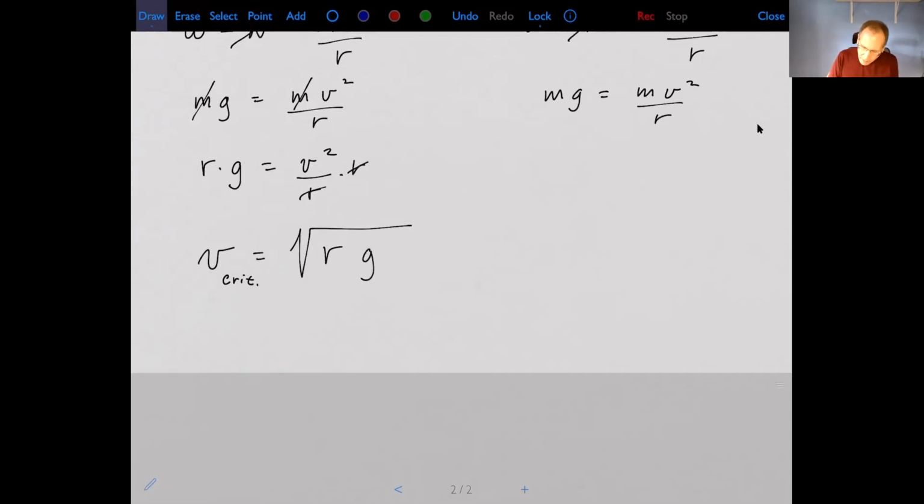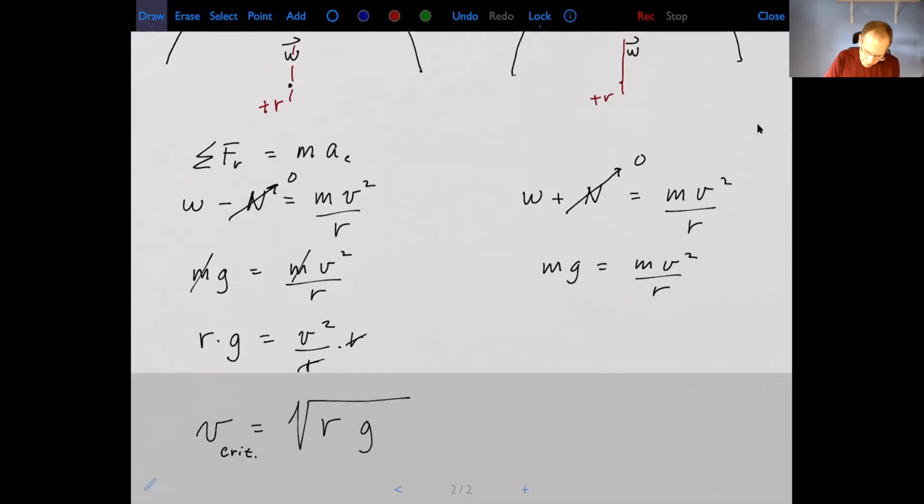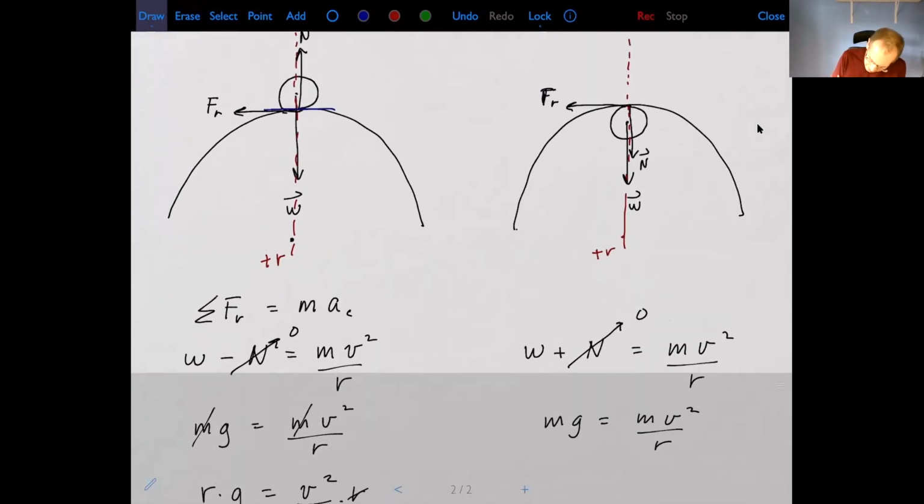And what the r refers to, if you're being careful here, is the path of the center of mass of the ball. It's that radius. So it would be this radius right here, the path of that center of mass of the ball. So if I were to measure this radius, that would be the one I want. So this is really r path.